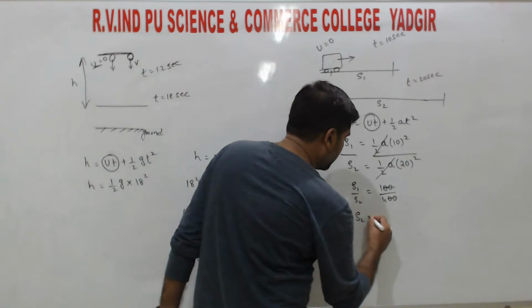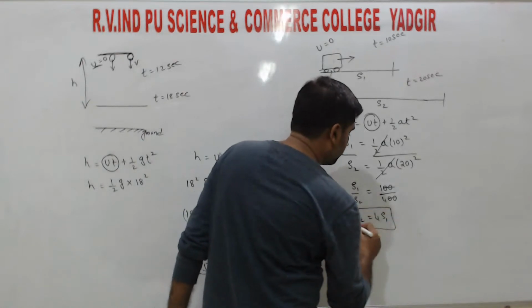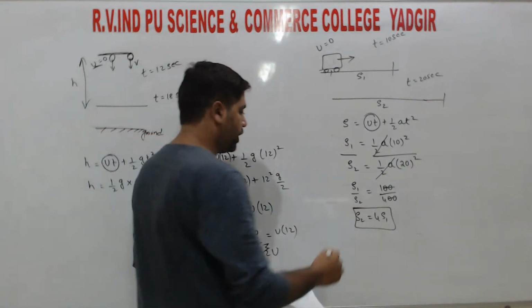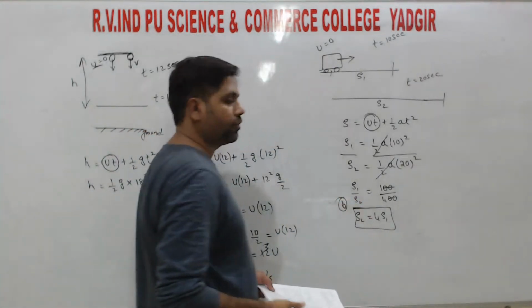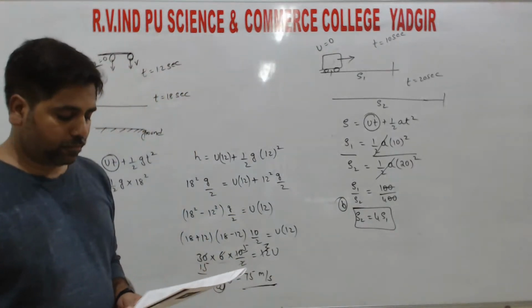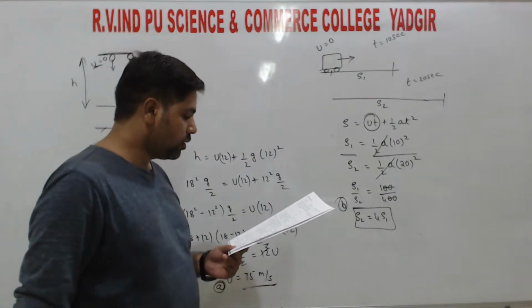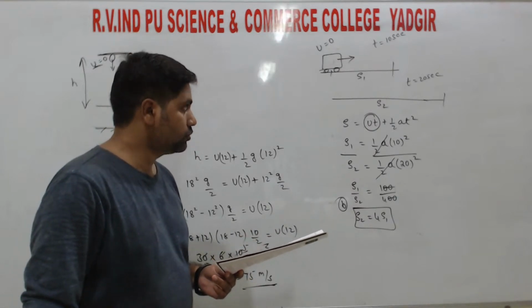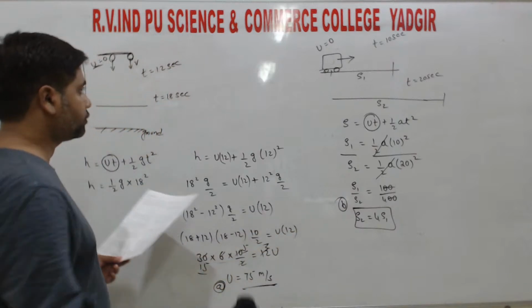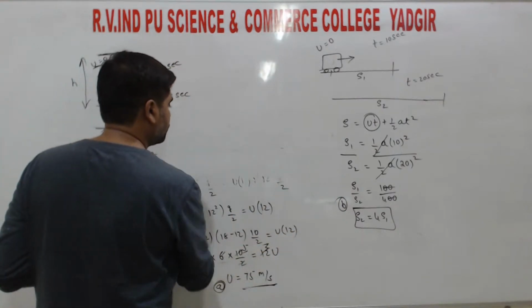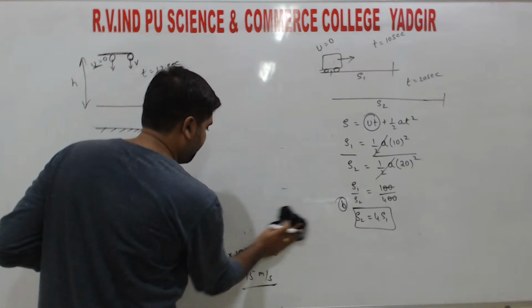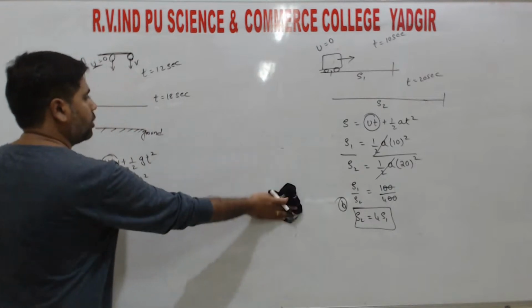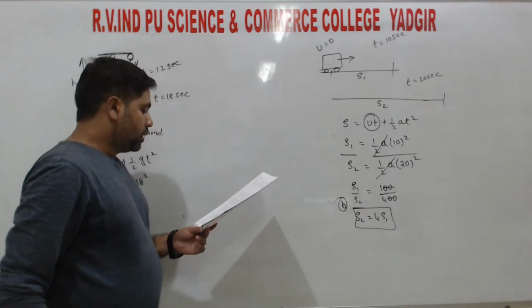So S2 is equals to 4 S1. So option is option B. Next question.